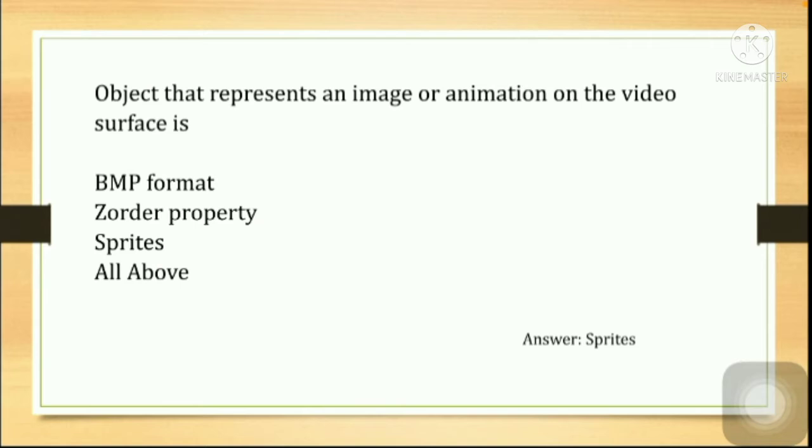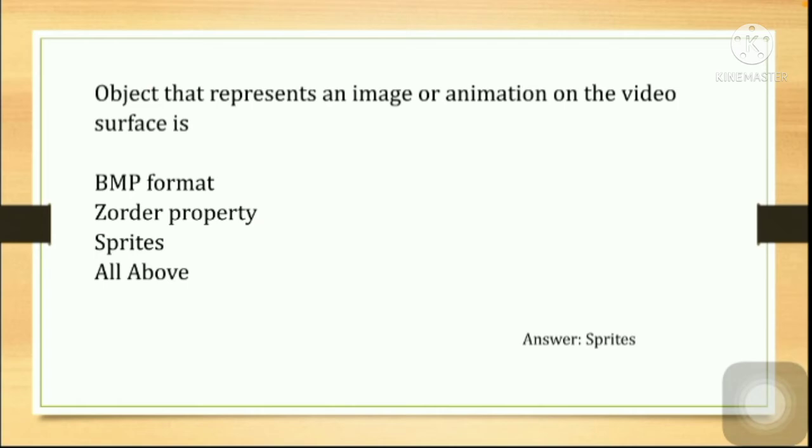Next, the object that represents an image or animation on the video surface. BMP format is a file format, so it can't be the object. You have to cross the first option. As you cross the first option, the fourth option, all of the above, also gets cancelled. Now you have only two options, the Z order property and sprites.